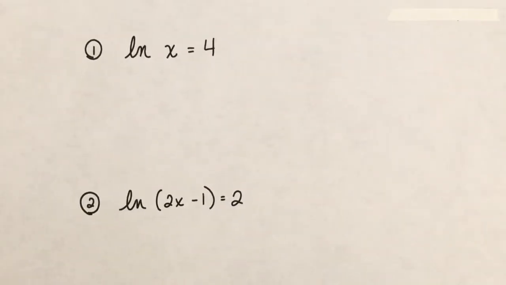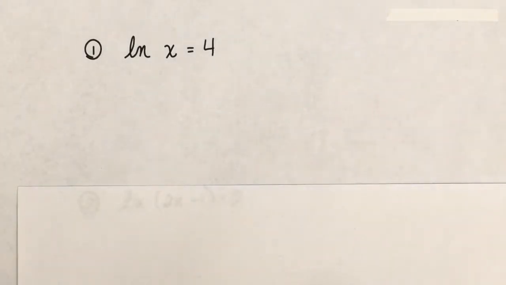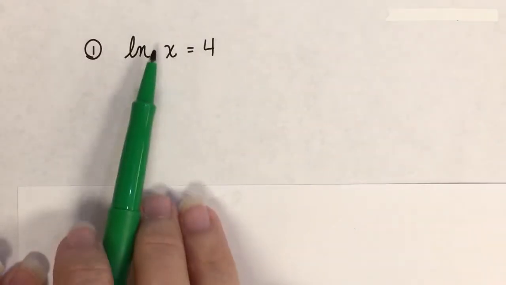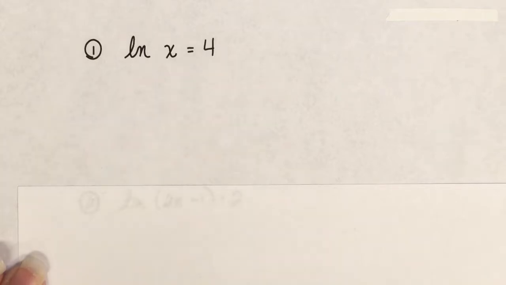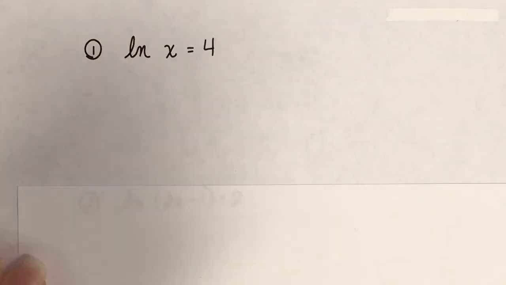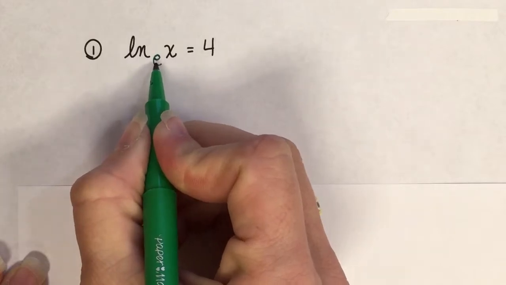All right, first example here. As far as step 1, I don't have to worry about step 1 because my natural log term is on one side by itself. So I actually get to start this one by going to step 2. Now remember, your base, your subscript is going to be an understood e.